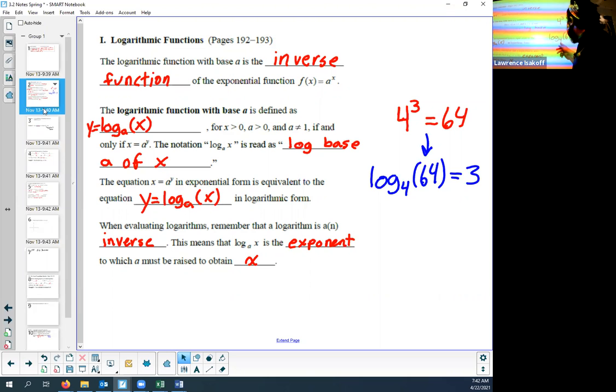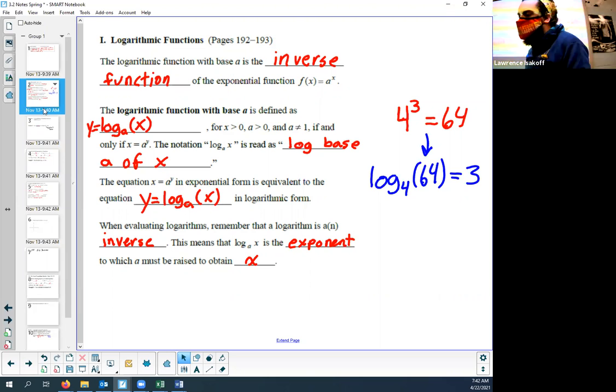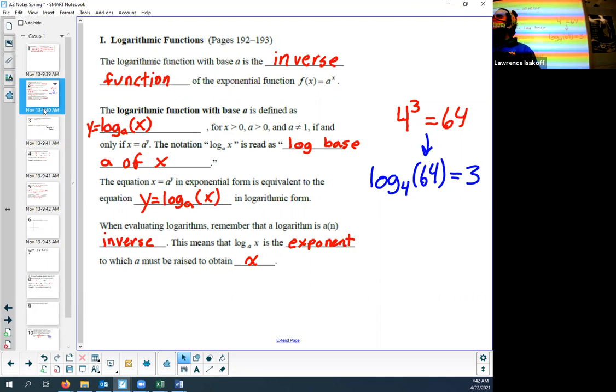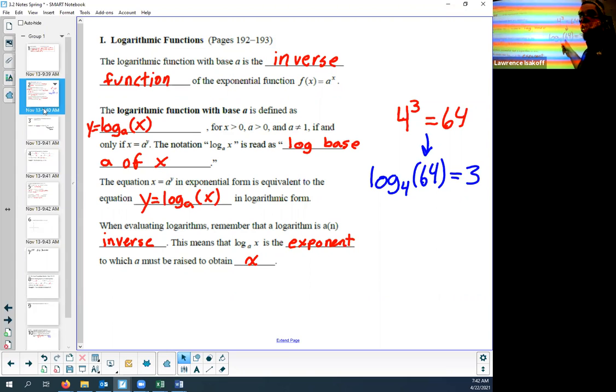So when I say log base 4 of 64, I'm asking myself, 4 to what power gives me 64? This one we can actually do in our head. 4 times 4 is 16, and 4 times 16 gets me to 64. So it was 4 times 4 times 4. The log base 4 of 64 is 3, because 4 to the power of 3 equals 64.